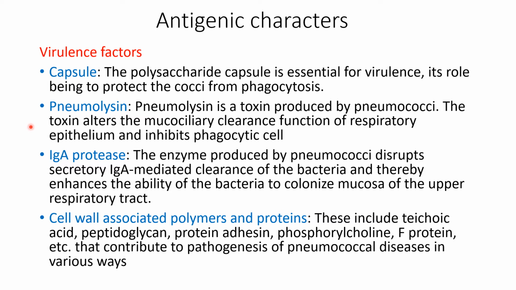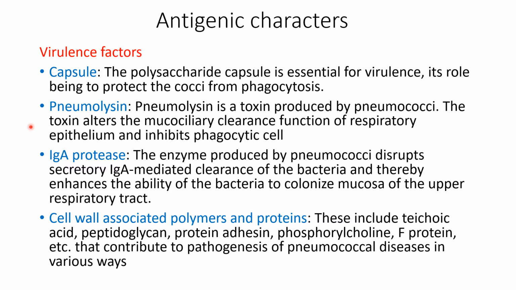The second one is pneumolysin. This is a toxin produced by pneumococci, and it especially changes the mucociliary clearance function of the respiratory epithelium and also inhibits the phagocytic cells. Our respiratory tract has a very good immune response to any antigen that tries to lodge in us.